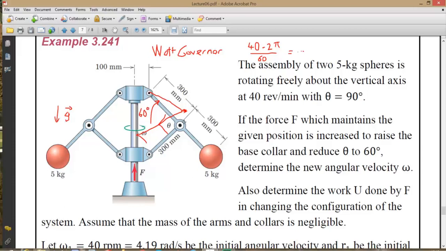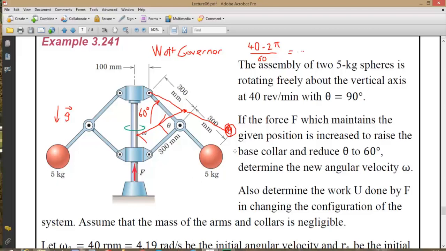So what has happened is that this ball has moved up. Let me draw the location of the ball. There's our ball. It has moved up. So in terms of the gravitational potential energy, it has gained some potential energy, and on top of that, it has moved to the side.